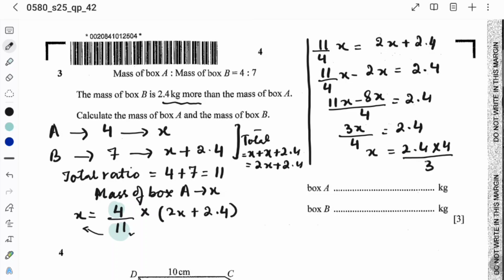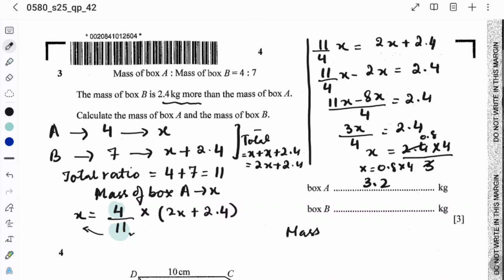Since 3 times 0.8 is 2.4, x is equal to 0.8 times 4, which is 3.2. So box A has a mass of 3.2 kg. Now we are going to find the value of box B, that means the mass of box B.